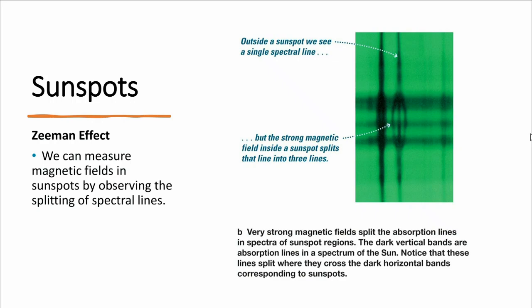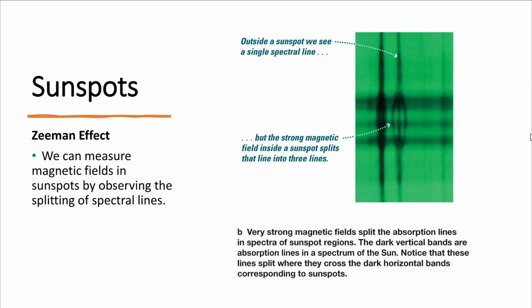So what happens in the presence of a magnetic field is that one emission or absorption line will actually get split into different lines. So you have the central line, and then you have these two extra lines. Those extra lines are related to the spin of the electron, and that's related to some quantum mechanical effects.